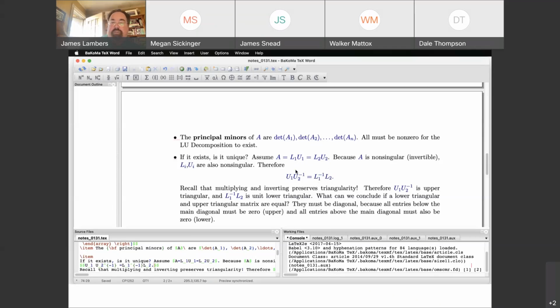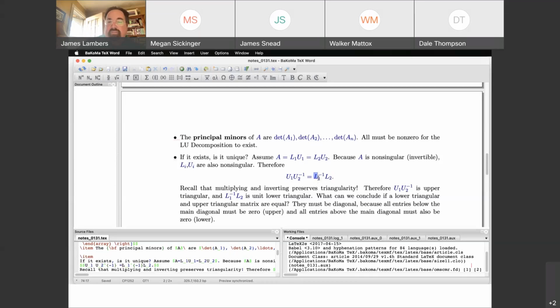But the only way an upper triangular matrix can equal a lower triangular matrix is for both to be diagonal, because here we're saying the lower triangle is 0, and here we're saying the upper triangle is 0. So both triangles must be 0. The diagonal is all that's left. But the diagonal of this matrix is all ones.